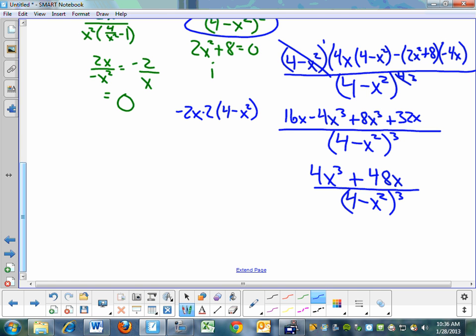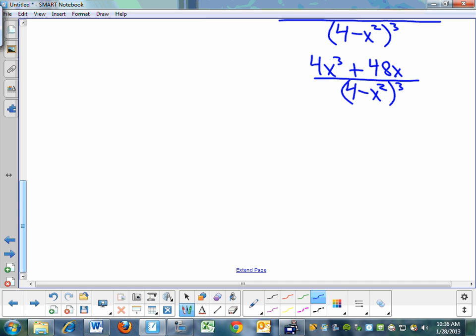So if we look at this, the top, boys, quiet. I'm wondering where the top is equal to 0. If I solve the top equal to 0, I take out a 4x: 4x times x squared plus 12. Now I'm solving where this thing is equal to 0, and does x squared plus 12 have a real solution?